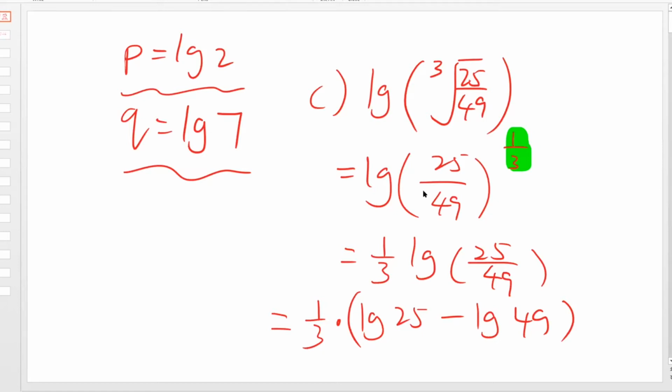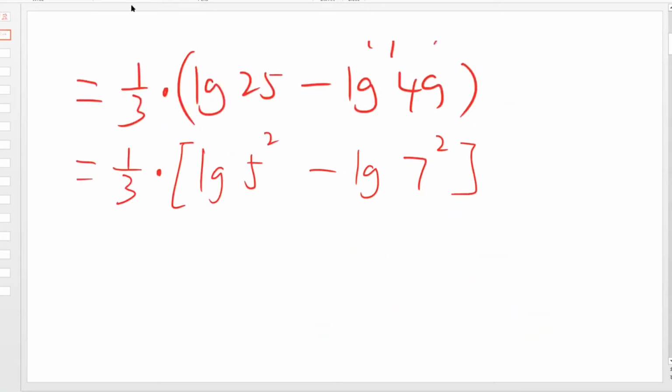Somehow you need to find this. So given this, I write it beside first: p equals log 2, and q equals log 7.